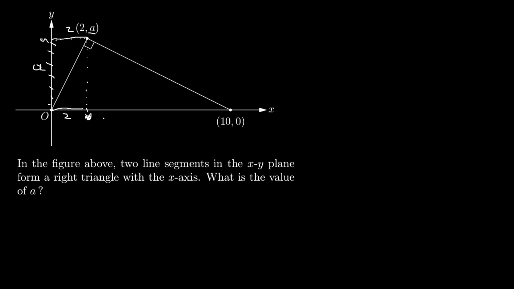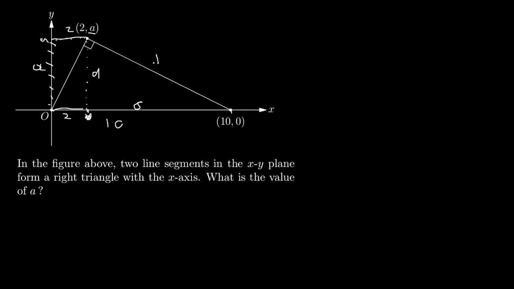Well, we know that this side is 10, from O to this point. We can use that. And this side is A, and this is 8 from this point to this point. We can write these two lines up. Let's see, it may help us.